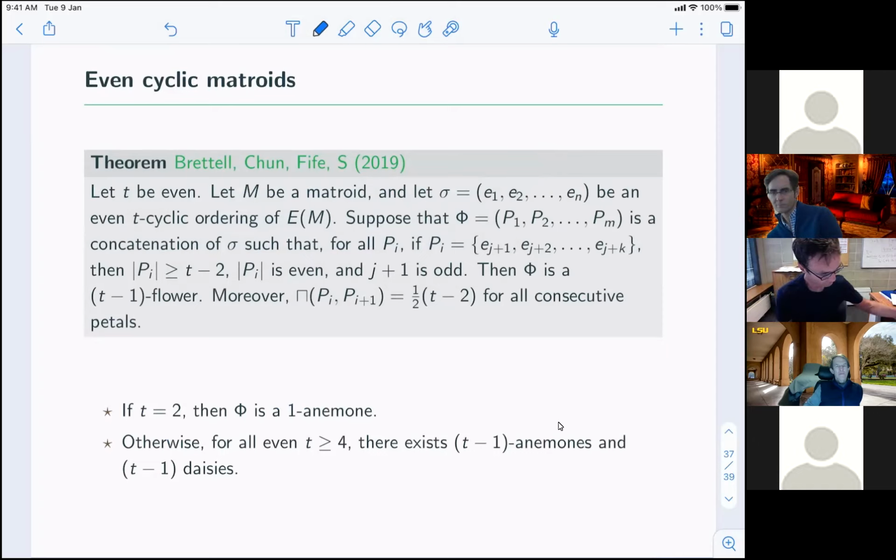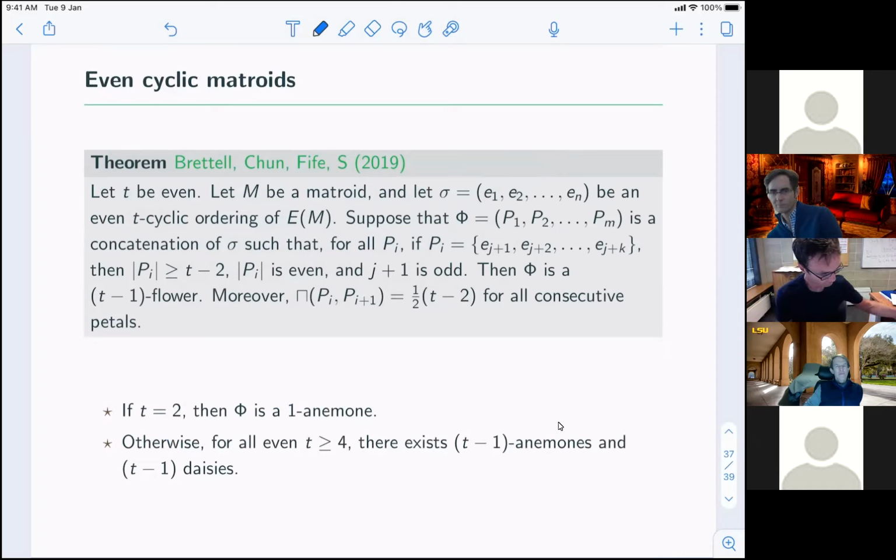What about for ST-cyclic? If there's a cyclic ordering, so S minus 1 consecutive elements in an S-circuit, T minus 1 consecutive elements in a T-co-circuit, what can you say about that? The only thing I'm going to say here is that T-cyclic matroids generalize to ST-cyclic, so that's all fine.